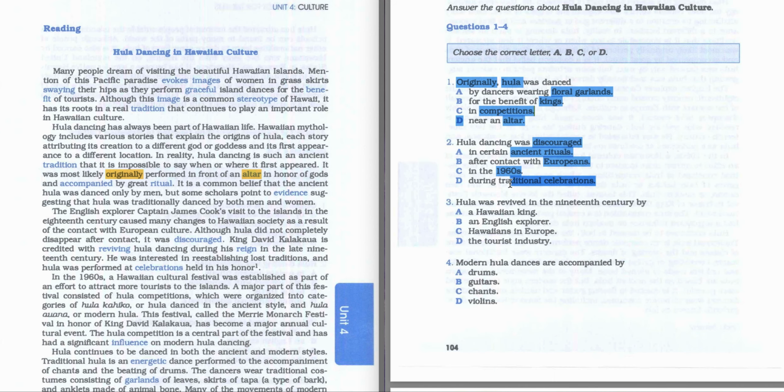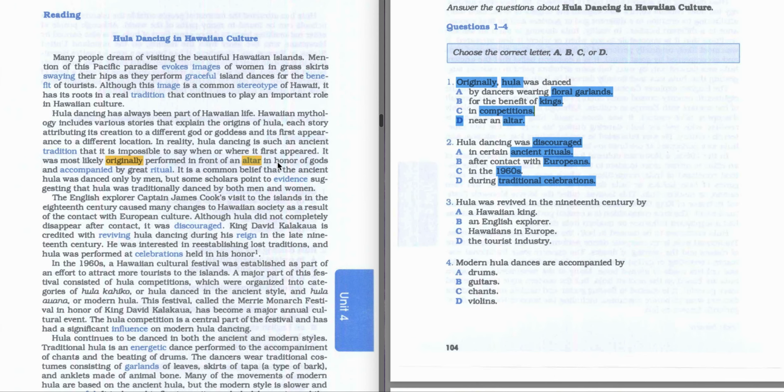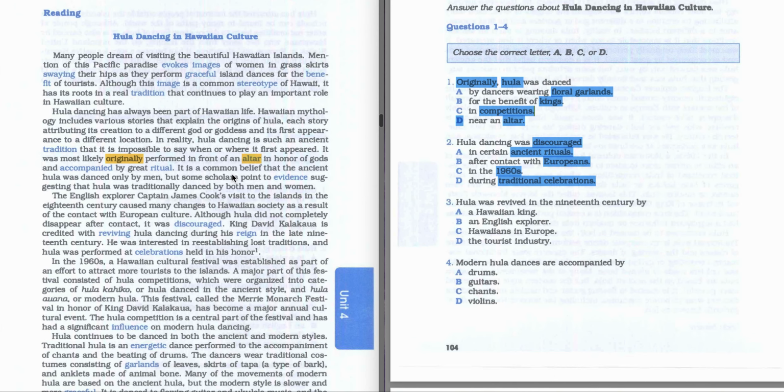So it's traditional celebrations. Since we have an answer here and we highlighted it, usually in IELTS the answer to the following question is going to be below the answer to the previous question. So let's scan and try to find any of these keywords.